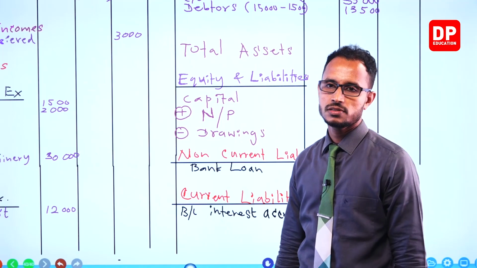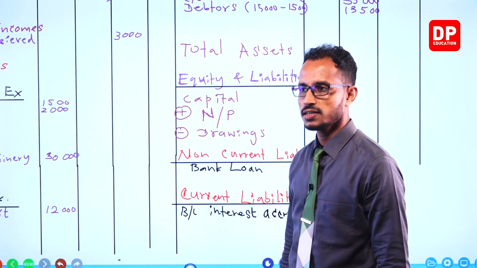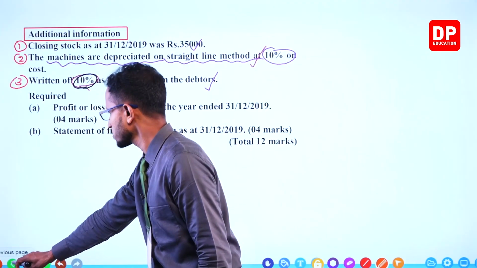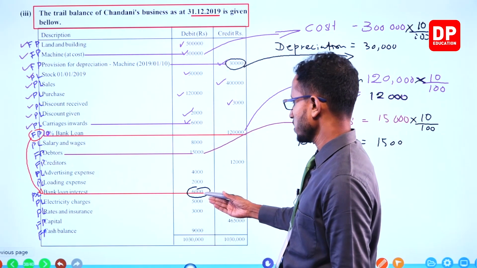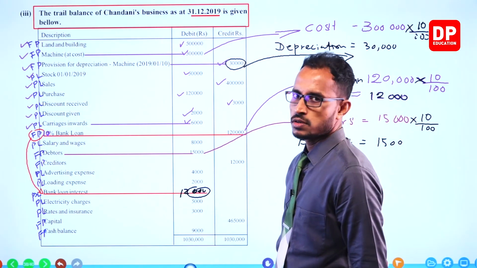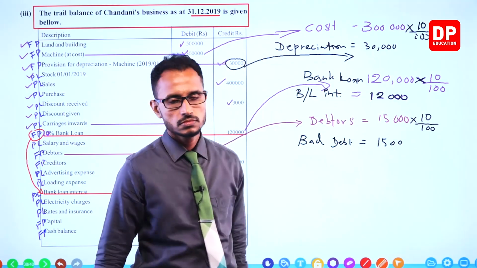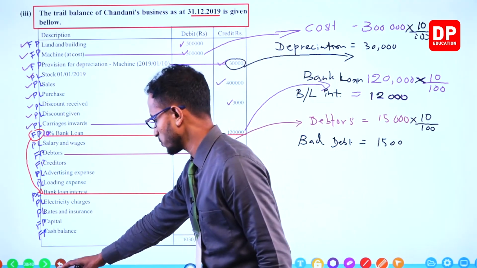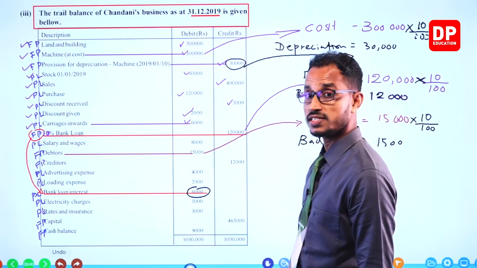Sometimes the bank loan interest given in the trial balance is the right annual interest, like 12,000, but not in this question. So you have to calculate the accrued interest too, just like we did.